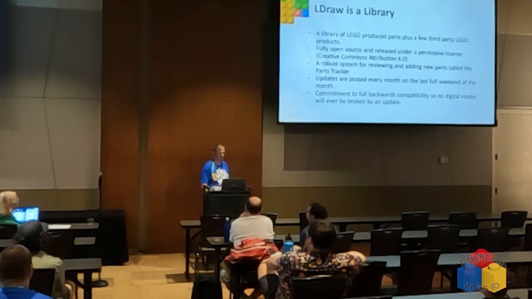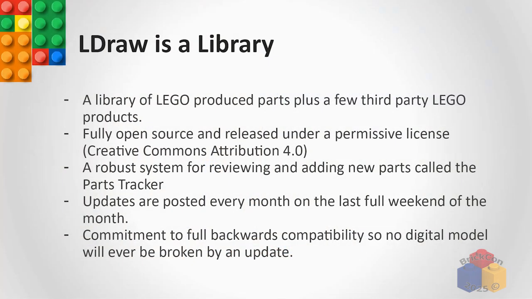We also have a commitment to be fully backwards compatible. That means if you create a model now with the official LDraw library, and that caveat is important, and I'll get to that once I talk about Studio, that model will always look the same no matter if you load it now or 10 years from now.